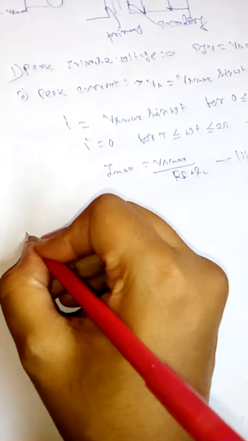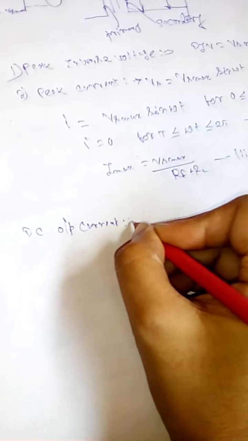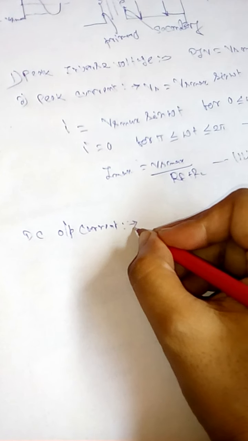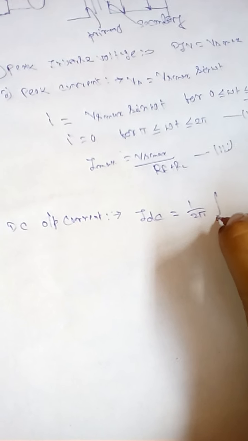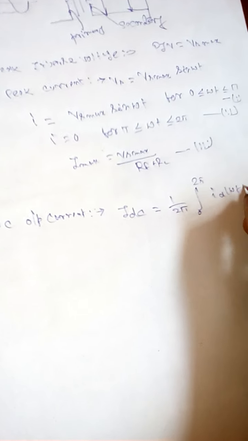Next, DC output current. The average or DC value of the output current is given by IDC equal to 1 by 2 pi integral from 0 to 2 pi of I d omega t.